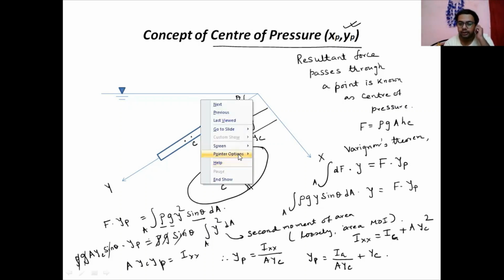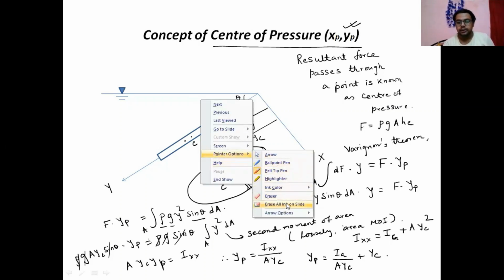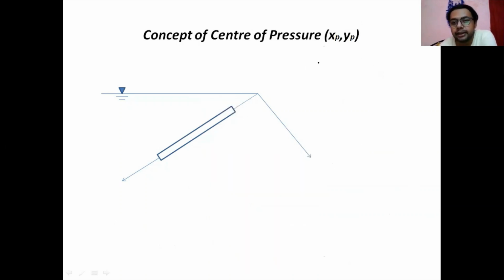So what is coming, we just list it out now. Now I remove all this. Now I list out the things that have come. The total force acting over it is rho g A yc sine theta, or you can tell it like that, rho g A hc. Same thing. Where the force is acting, that is YP.